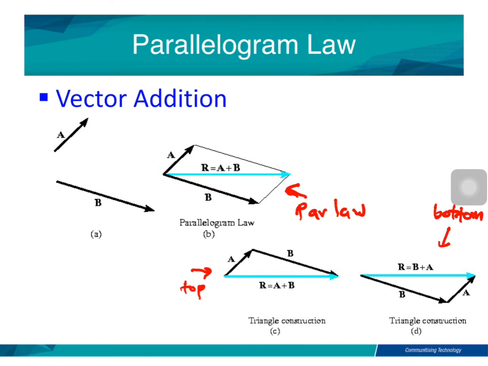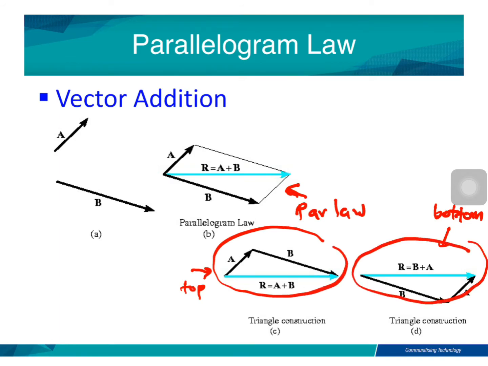So everyone needs to choose which triangle we want to continue to analyze. Because the resultant force is the intersection of the par law, we can get the same answer whether we choose the construction triangle at the top or at the bottom.